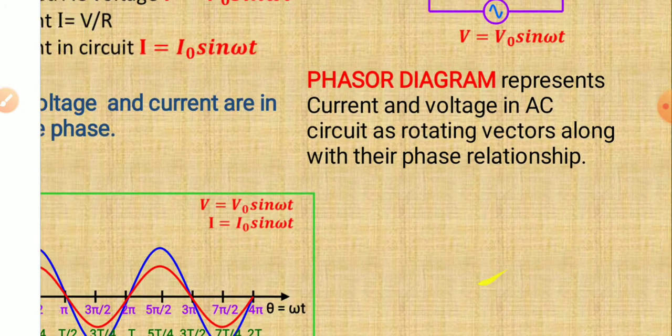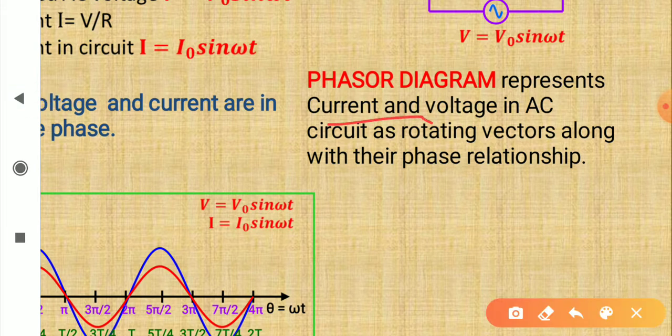So let us talk about the phasor diagram. You know that current and voltage are both scalar quantities, but here we can treat current and voltage as vectors or rotating vectors along with their phase relationships.